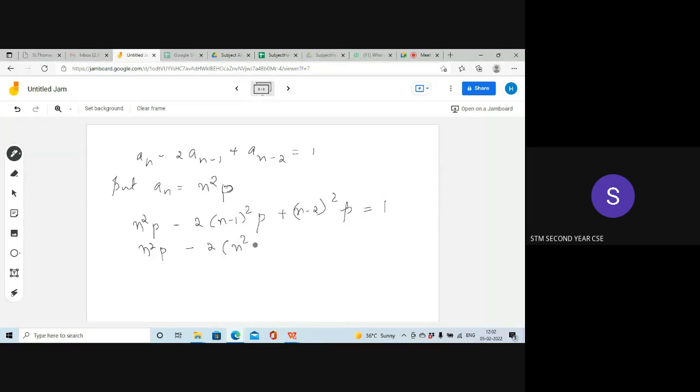A square minus 2ab plus b square, into p, plus again n minus 2 the whole square, a square minus 2ab plus b square, into p is equal to 1. Isn't it? Now you solve this entire equation. Will you get the value of p? Just check.